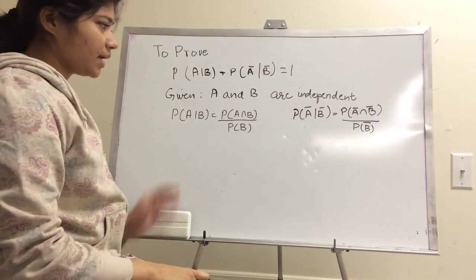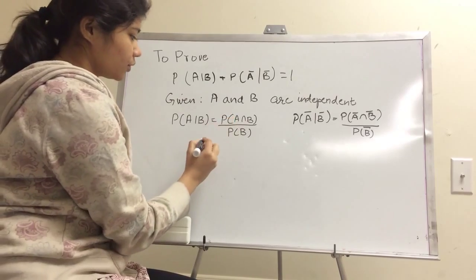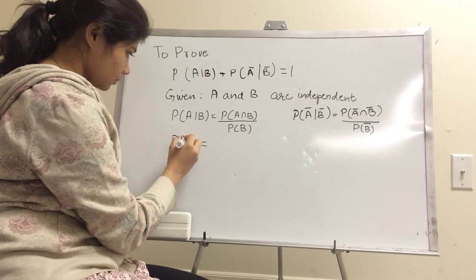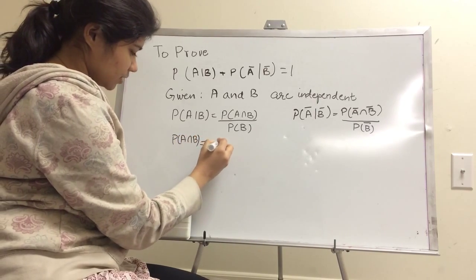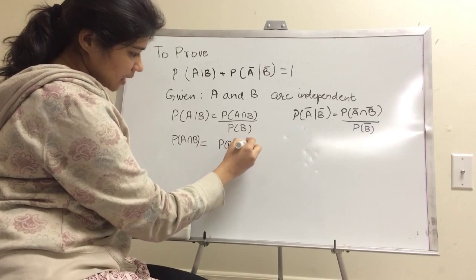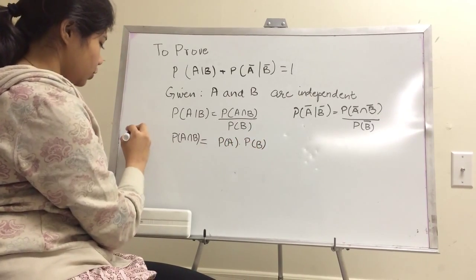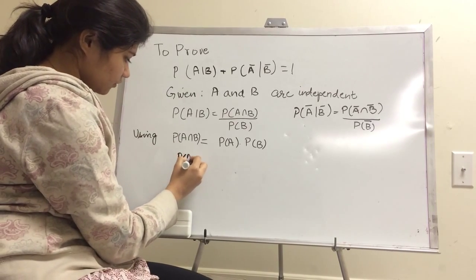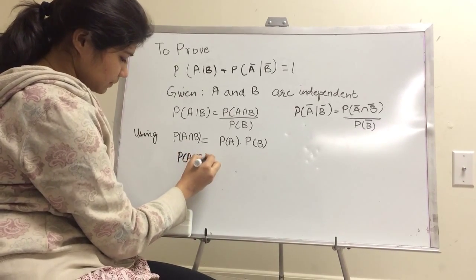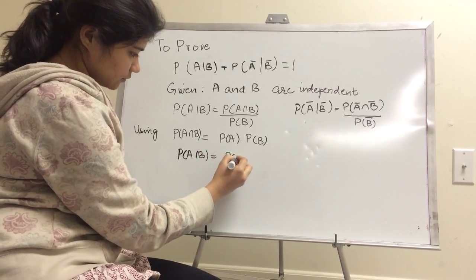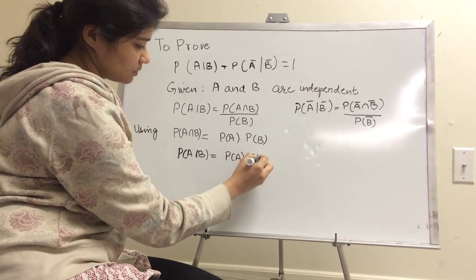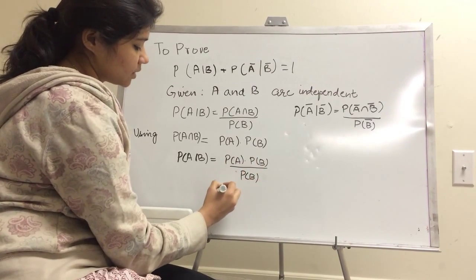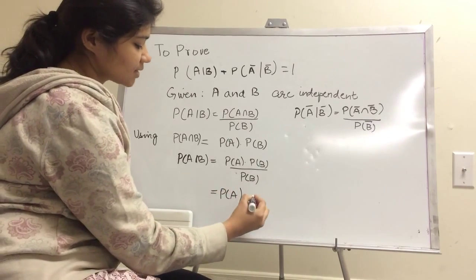Now since we are given that A and B are two independent events, therefore probability of A intersection B will be equal to probability of A multiplied by probability of B. Using this, we have P of A given B is equal to probability of A multiplied by probability of B upon probability of B, which is equal to probability of A. This is my first result.